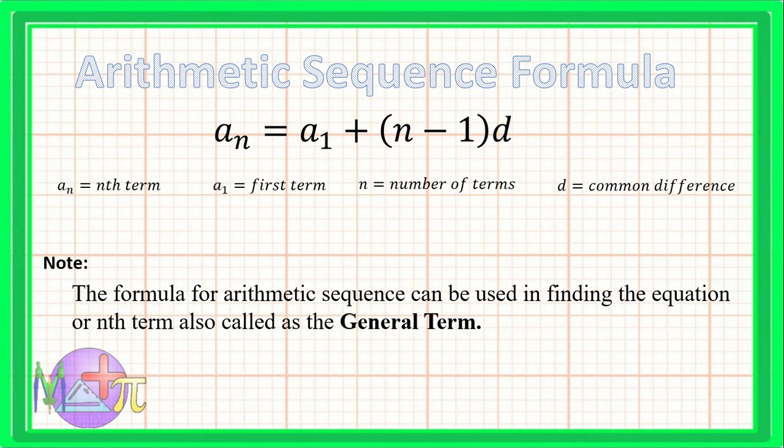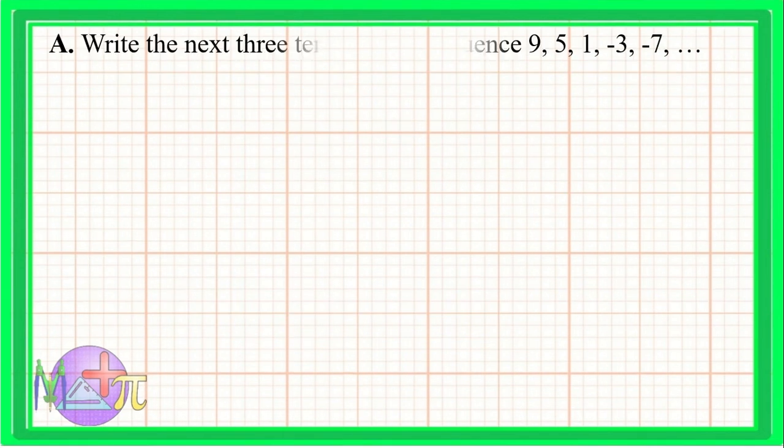Let's apply the formula. Write the next three terms of the sequence: 9, 5, 1, negative 3, negative 7, and so on and so forth. Kung alam niyo yung pattern, pwede tayong gumamit ng pattern. Kunin lang natin yung common difference and then add lang natin. Makukuha niyo po yung sagot. Pero kung gusto niyo gamitin yung formula, nasa inyo.